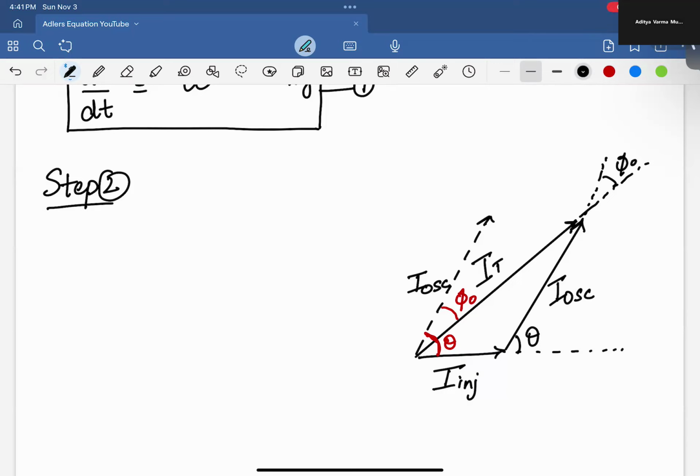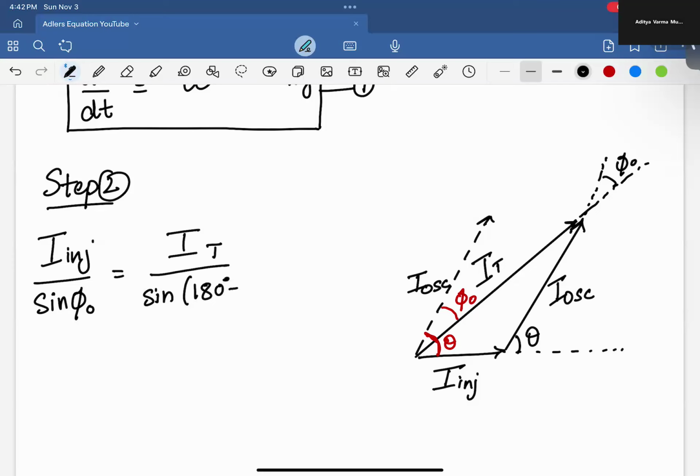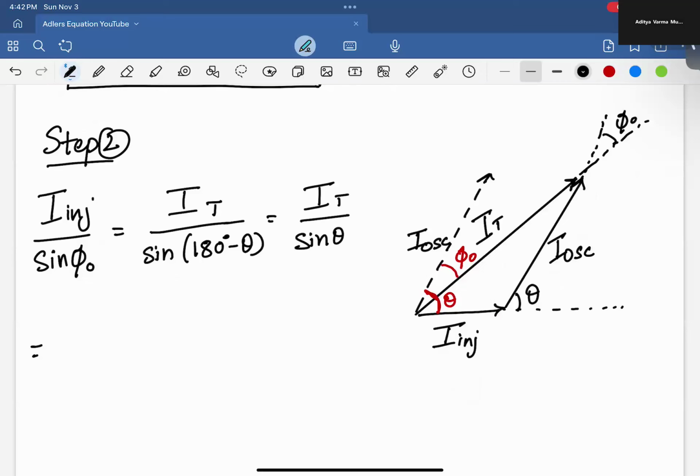So from the law of sines, we can say that I injection over sine phi naught is equal to IT over sine of 180 degrees minus theta, which is the same thing as IT over sine theta, right? So which means that I can say sine phi naught is equal to I injection over IT times sine theta, right?